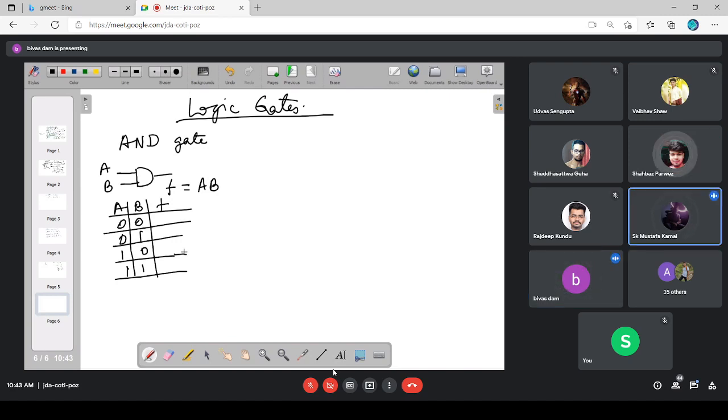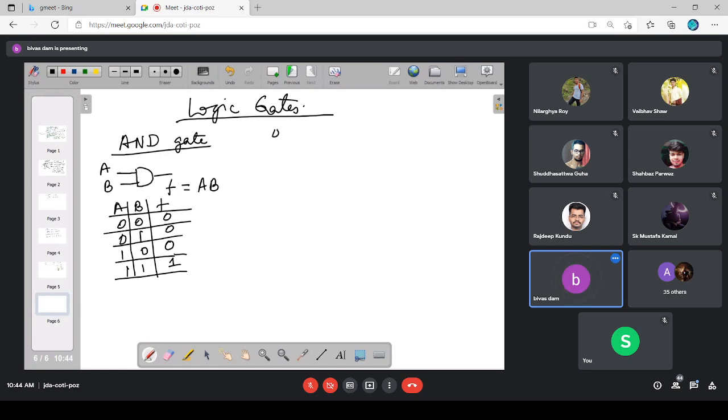Only one, when both are 1, where all the individual inputs are true. So the output will be 1 only where all the individual inputs are true, and false in all other situations. So that's the truth table, circuit symbol, and Boolean expression for the AND gate.